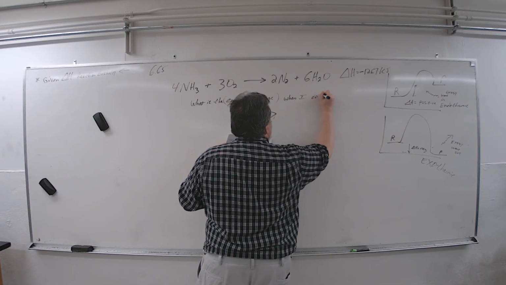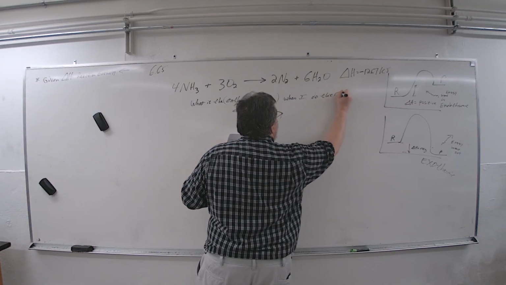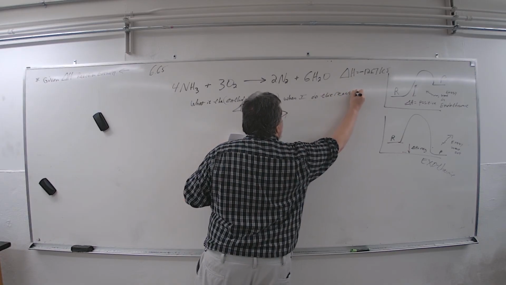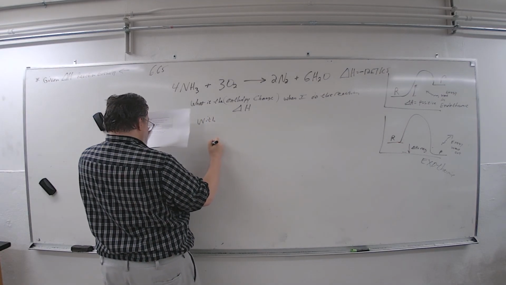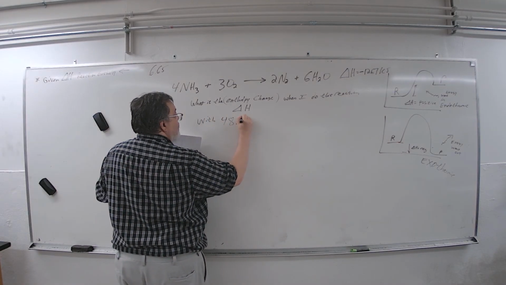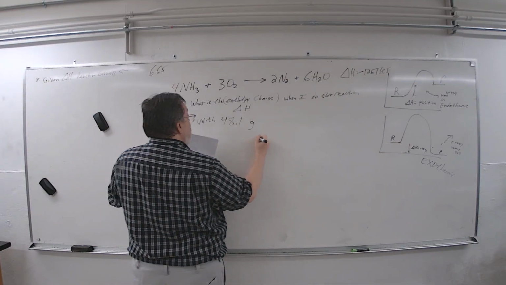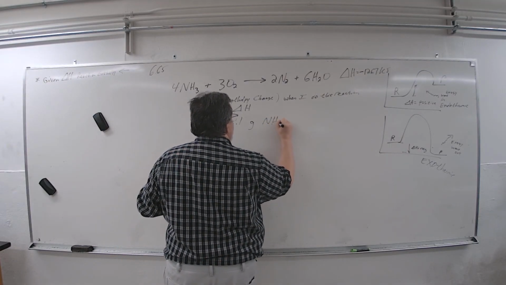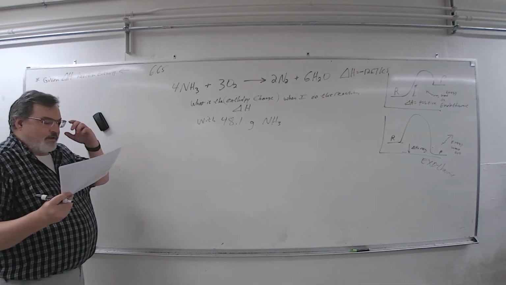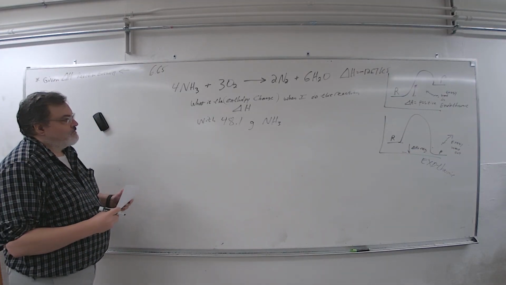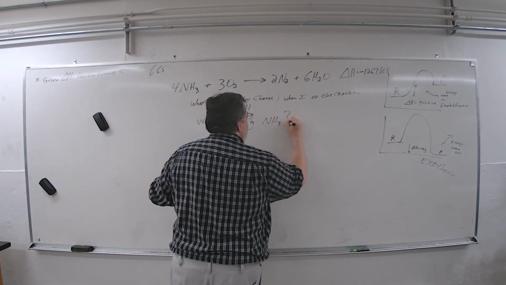Let's say I do this reaction with 48.1 grams of NH3. It says ammonia, but that's ammonia. I would tell you that on the test. And it's actually very simple.